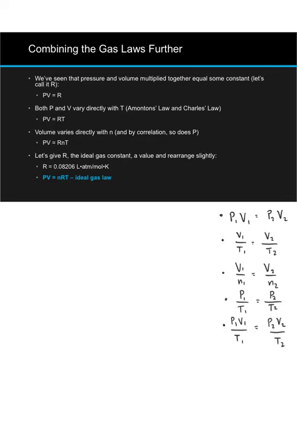Maybe we'll let some variable that we haven't chosen yet stand in for that constant, like R. We know from both Amontons's law and from Charles's law that as temperature increases, pressure or volume increase. And we know from Avogadro's law that as number of moles of gas particles increase, volume increases.